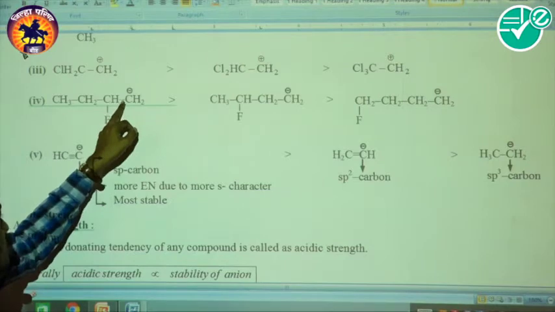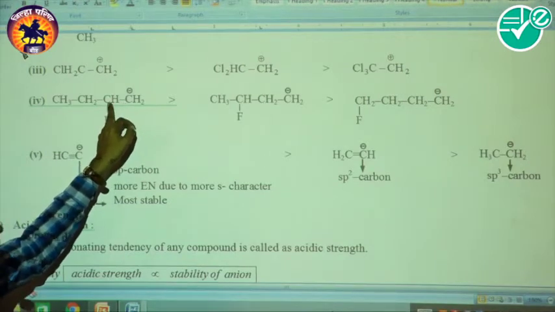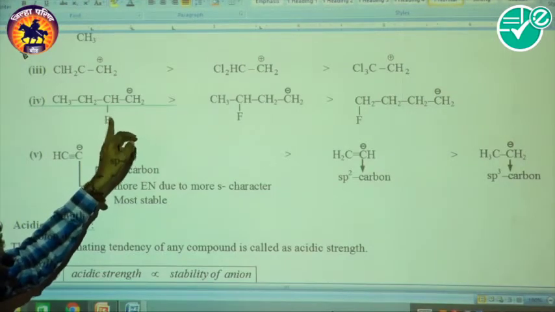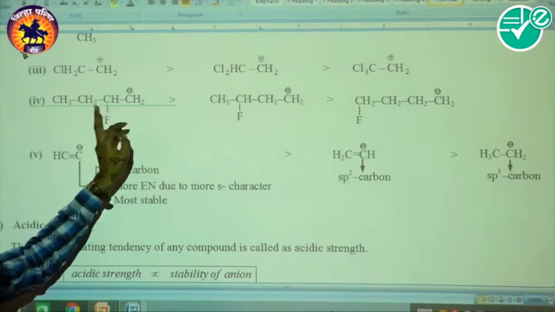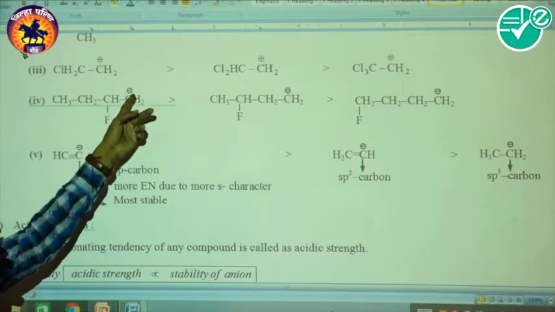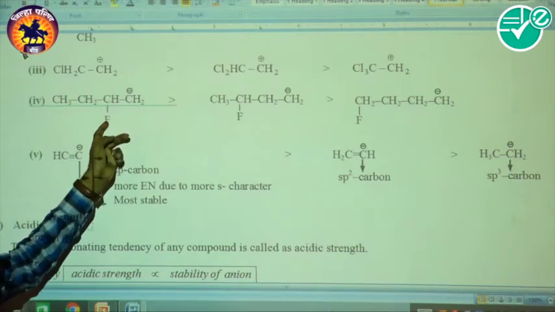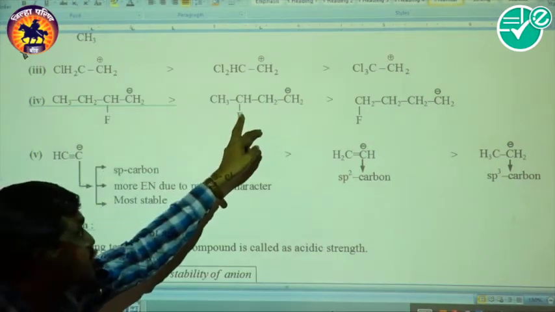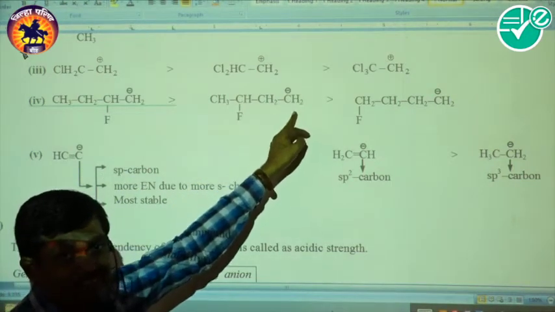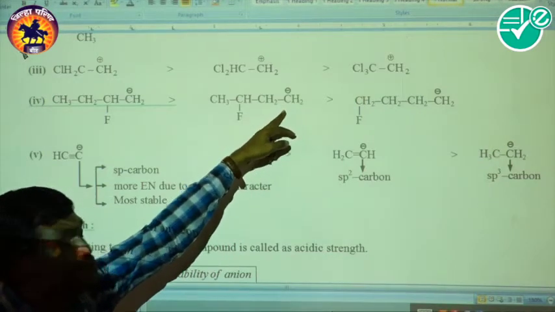If the atom that shares is near, look at the carbanion here: the fluorine is on the first carbon, next to it. This fluorine has the tendency to share the electron density more easily than the fluorine which is far away from the negative charge.